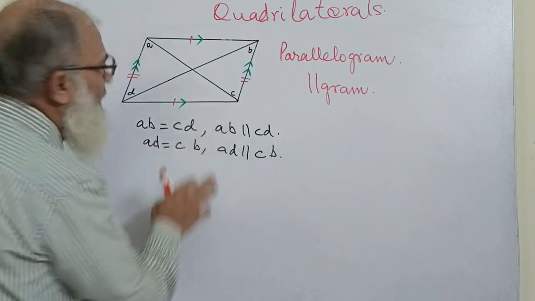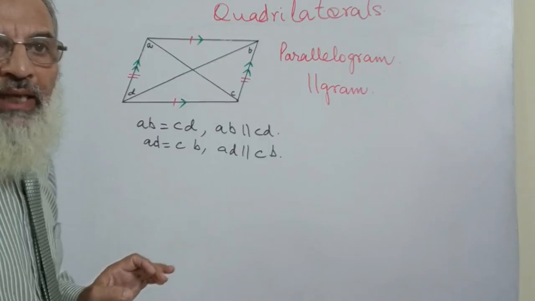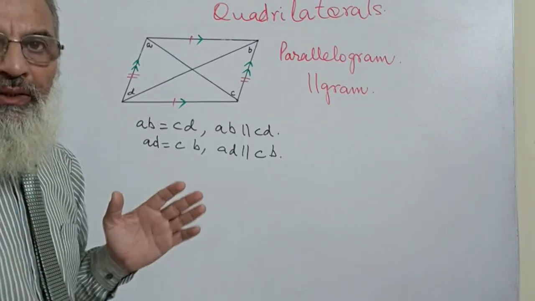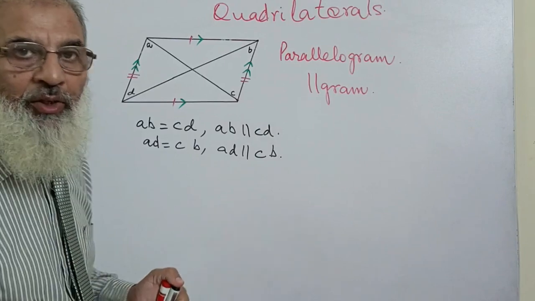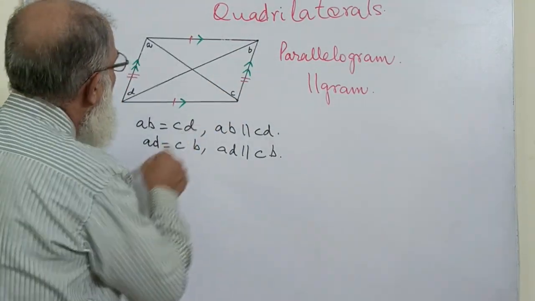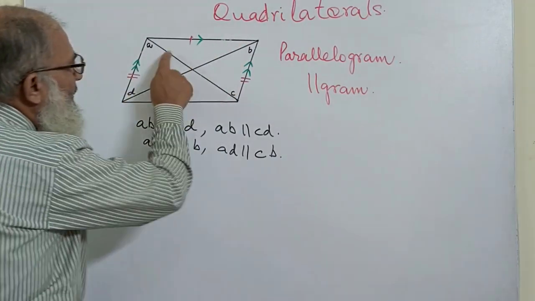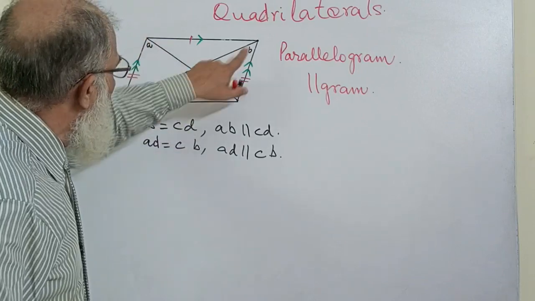rectangle is the only figure in which two diagonals are equal, or you can say even a square is a kind of parallelogram in which two diagonals are equal. Now these two diagonals cut each other at one point. They intersect each other at one point.